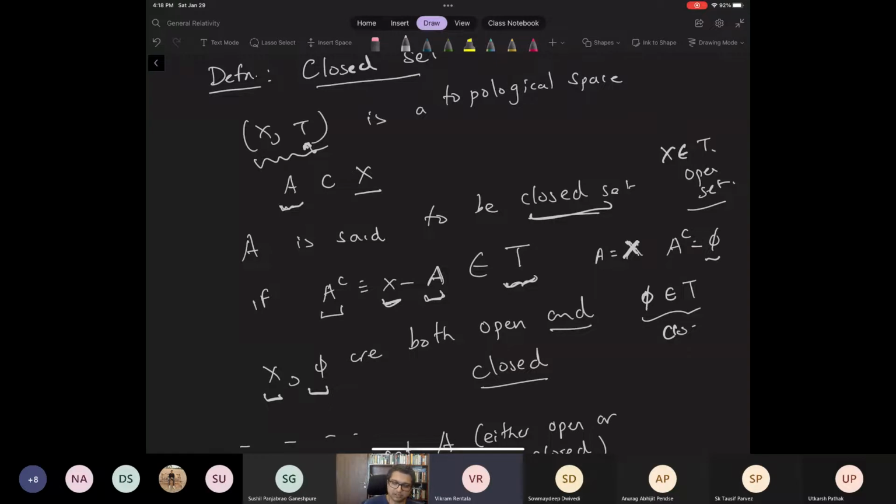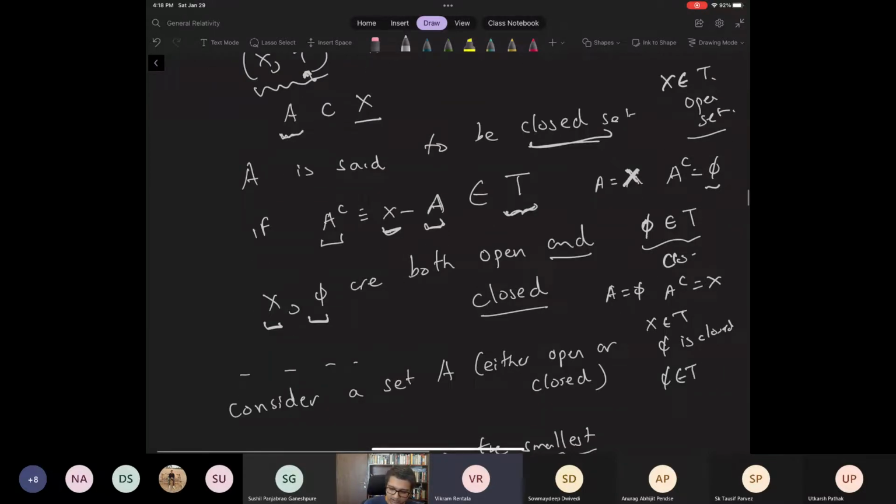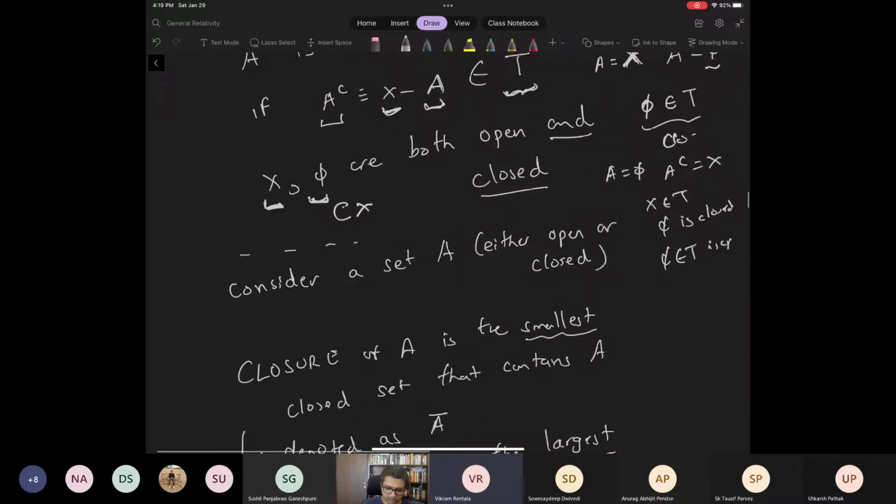Similarly, if A is phi, A complement is X, and X belongs to T, so phi is closed, but by definition phi also belongs to T, and therefore phi is open. So X and phi, as subsets of X, are both open sets as well as closed sets under this definition.